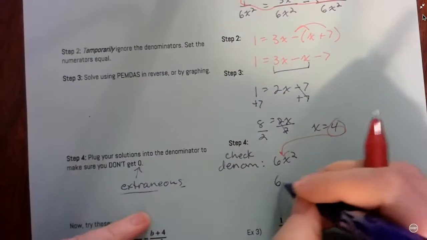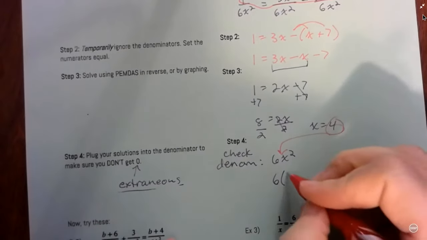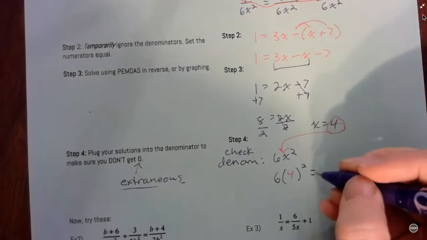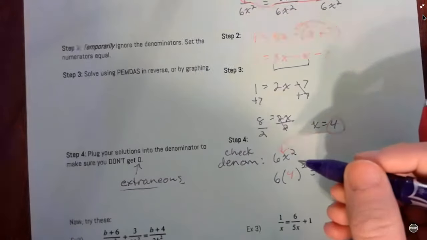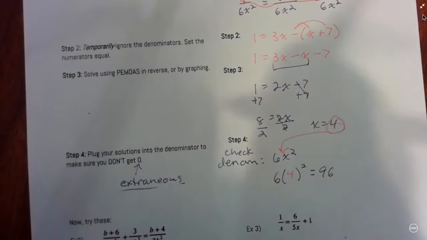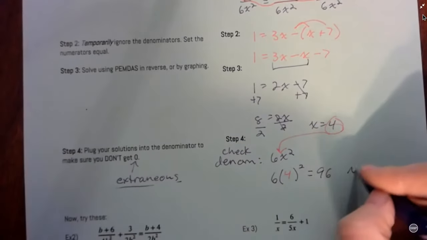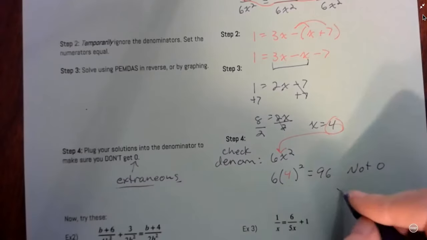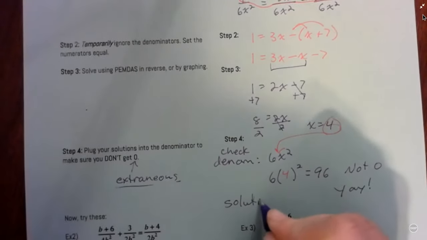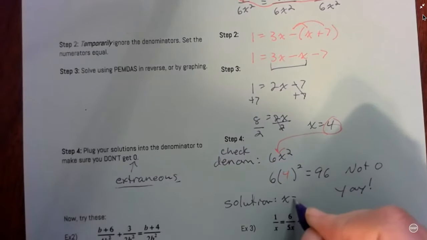So 6 times 4 squared gives me 96, which yay is not 0. Yay. So my solution is x equals 4.